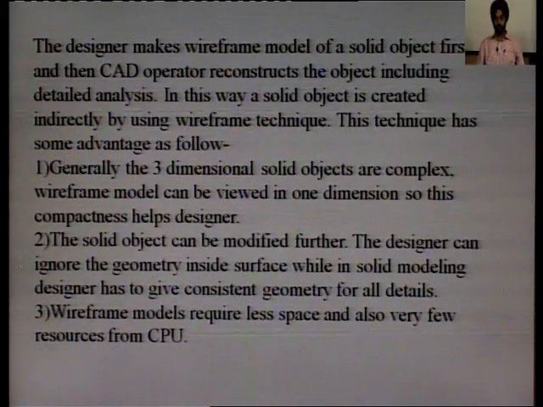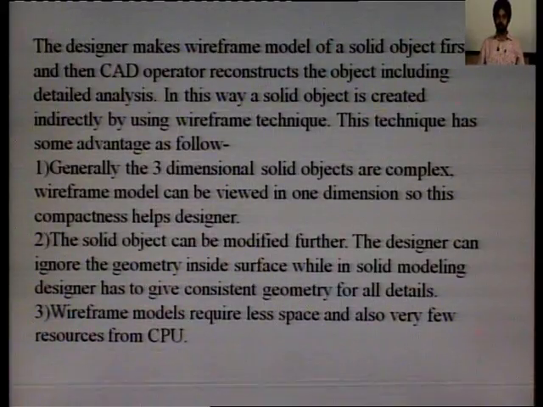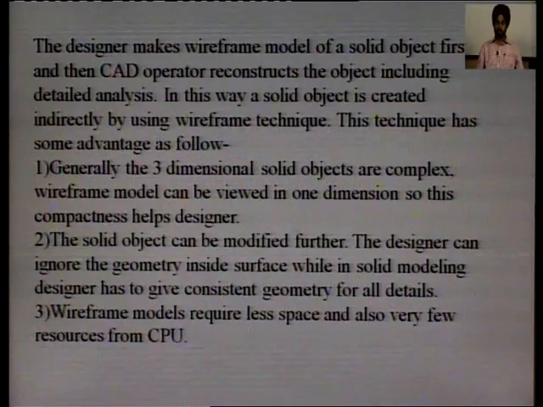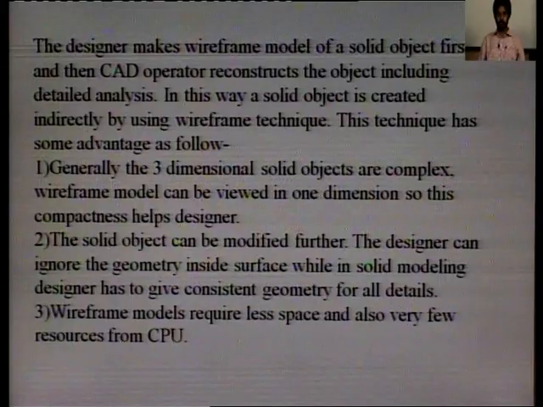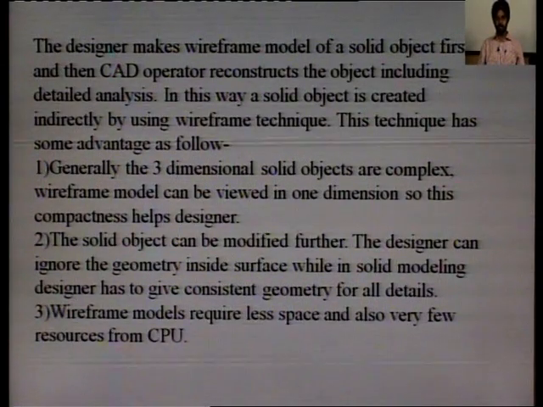In this way the solid object is created indirectly by using wireframe techniques.